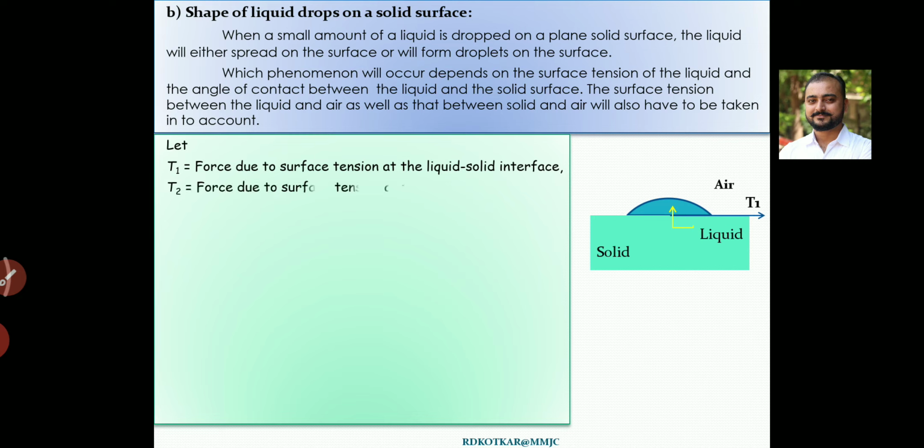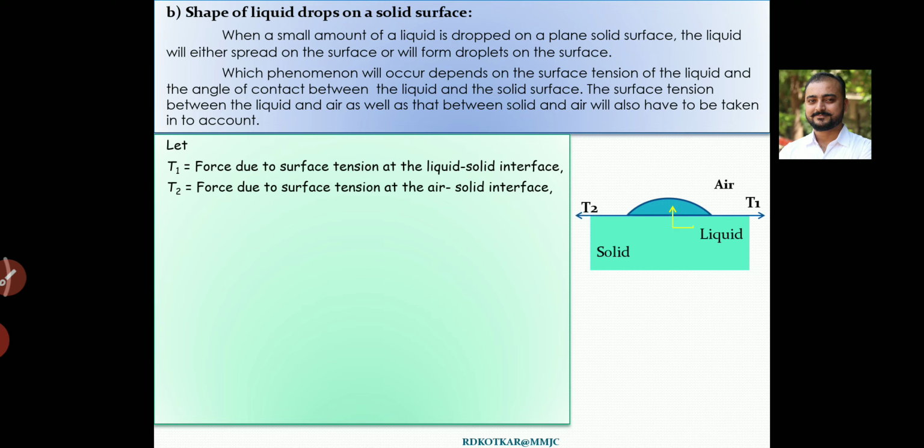Similarly, what about T2? T2 is the force due to the surface tension at the air and solid interface, where the air and solid are in contact. The second force generated there is called T2, which is shown in the diagram.